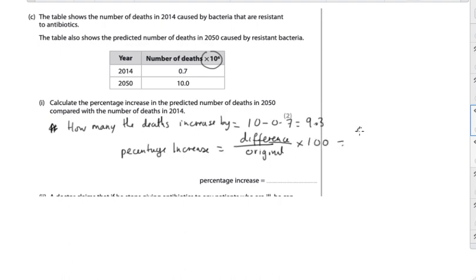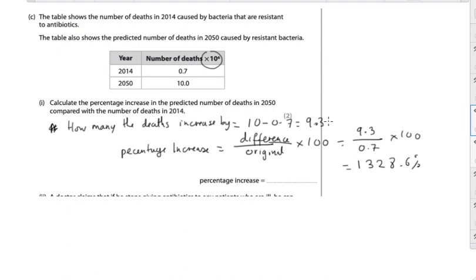So our difference is 9.3. Our original amount in 2014 was 0.7 and then times by 100. And that's going to give you 1,328.6% increase in the number of deaths.